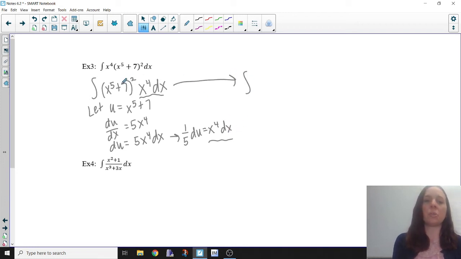This will become the integral of u squared. You don't really need the parentheses. You can just write u squared. And this stuff, x to the 4th dx, becomes 1/5 du. Now, if you want to just write it right there like that, you can. However, this 1/5, it's kind of scary in there. It's a constant multiple.